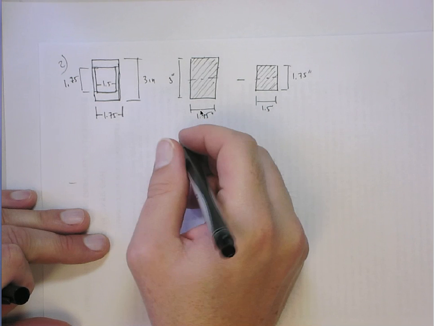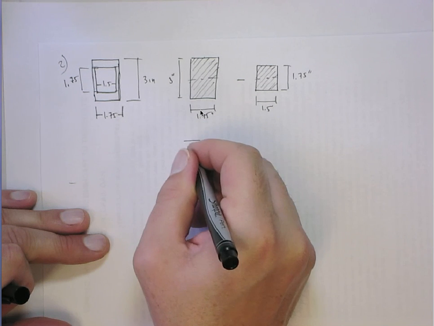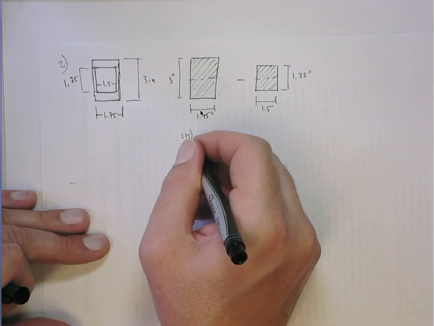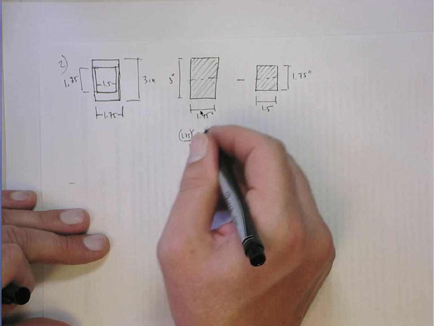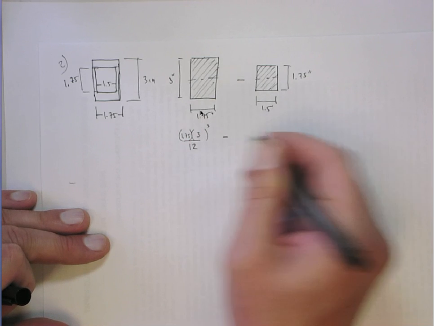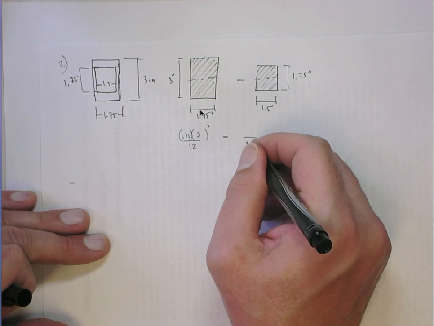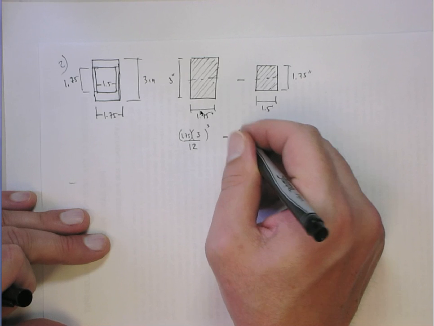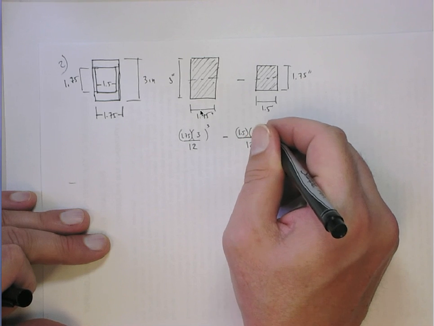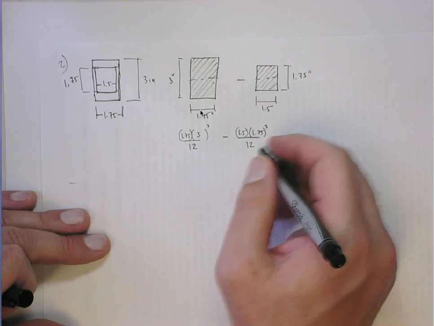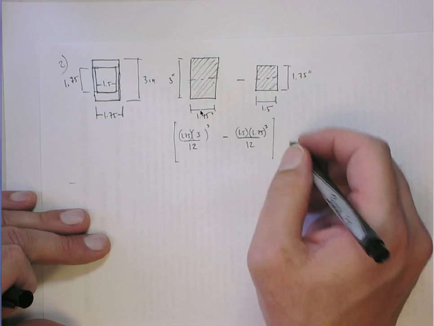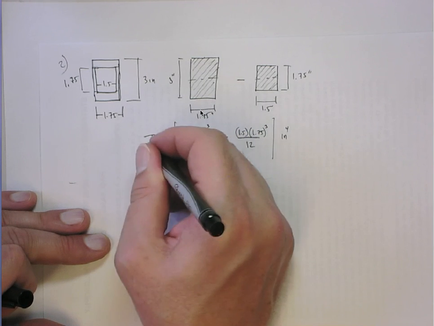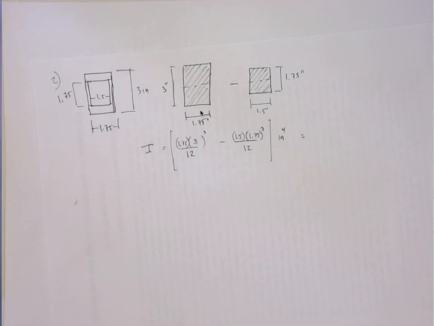So the I of this one is going to be 1/12 base times height cubed. The base is 1.75. The height is 3. And we're going to subtract off of that this I, which is base 1.5 times the height 1.75 cubed. Now this is all inches, so this is going to give me a result in inches to the 4th.